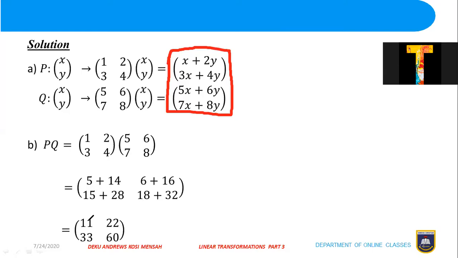So this is 19. And 33 also is supposed to be 43.